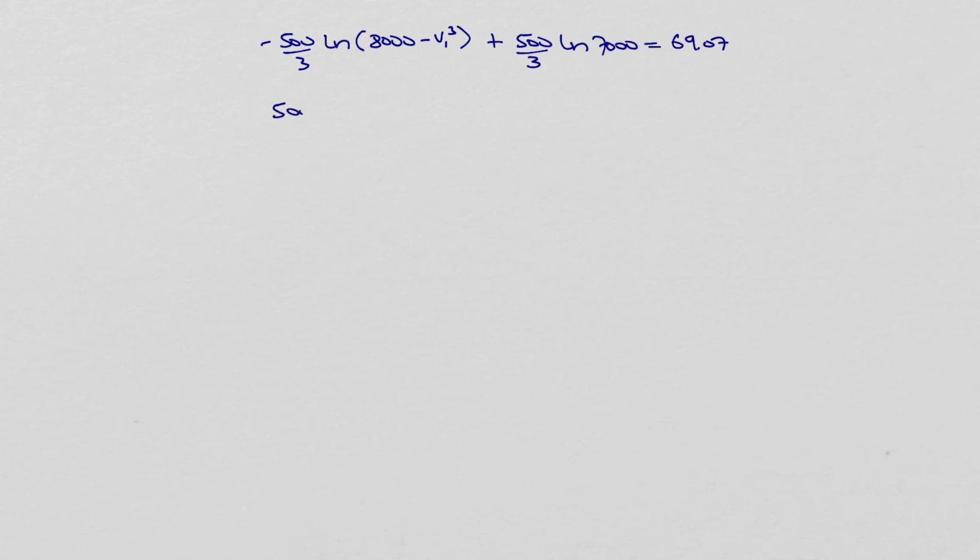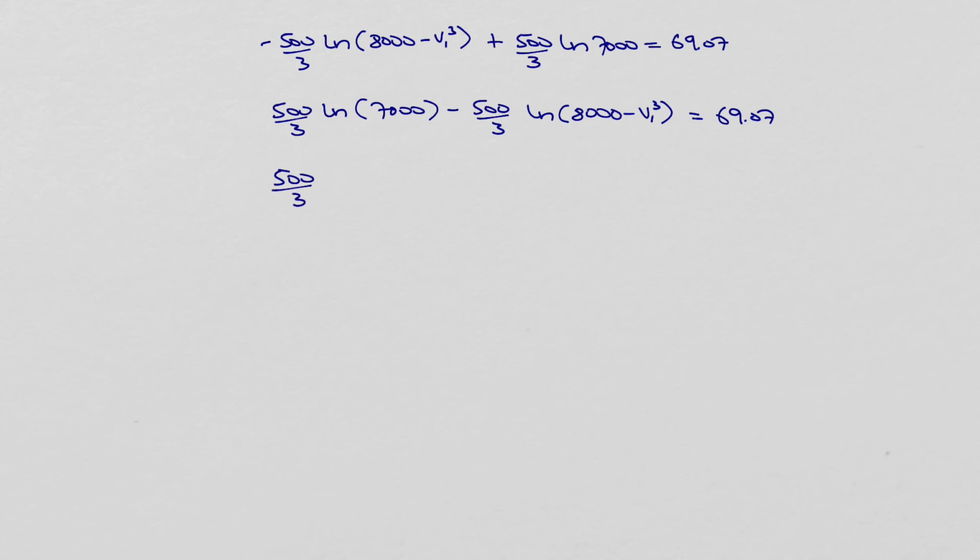So let me just switch sides here because we have plus and minus. That's going to be natural log of 7,000 minus 500 over 3 natural log 8,000 minus v1 cubed, just so you can see your log rules there. If I'm subtracting my logs, I'm going to divide. So if I take out 500 over 3 as being common, then that's going to be natural log of 7,000 divided by 8,000 minus v1 cubed.